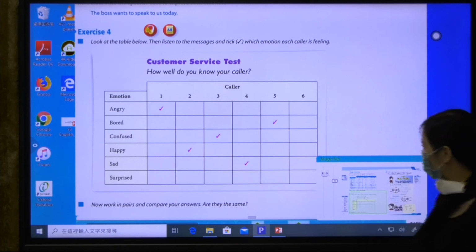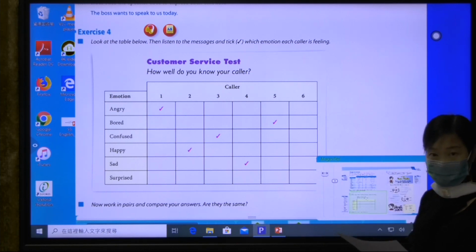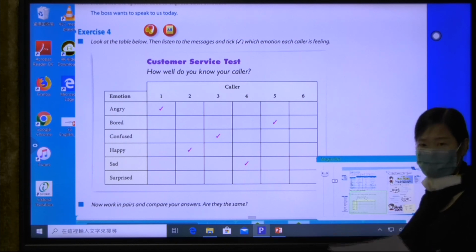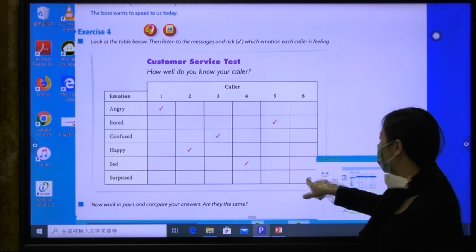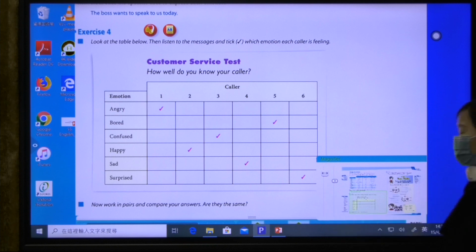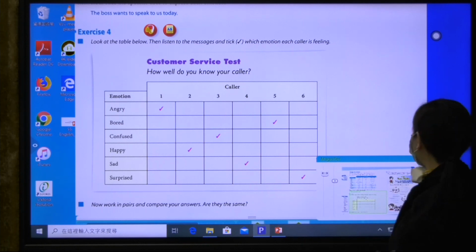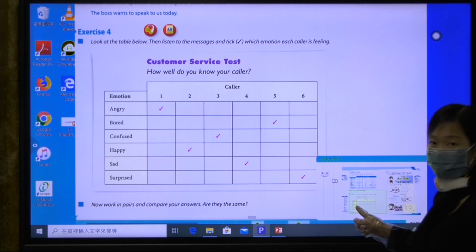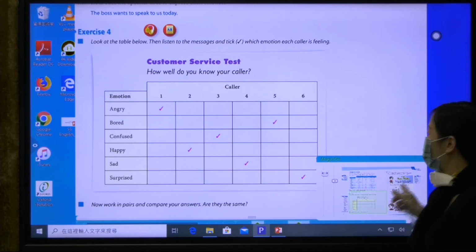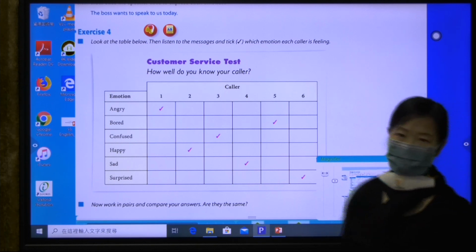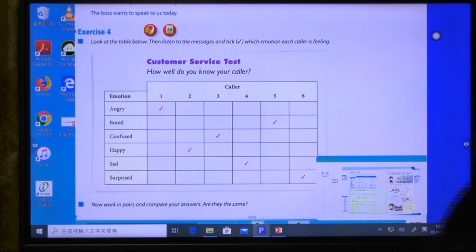And the last one. "Really? I can get a complete refund?" Oh gosh, oh wow, all these, you can tell, surprise. So, a good exercise for you, right? Are you happy with this exercise? We will go to exercise 5 right now. Right away. Exercise 5.